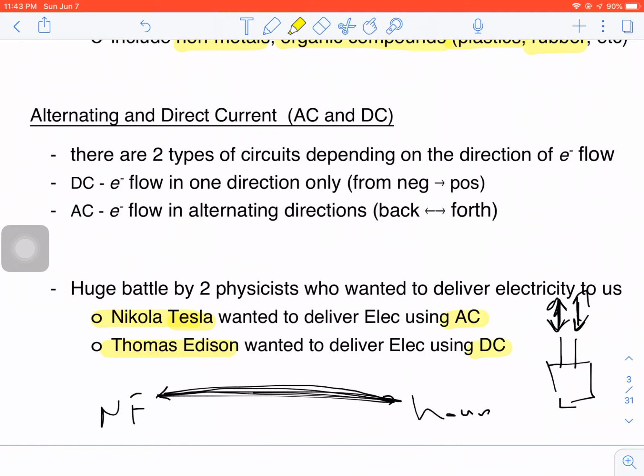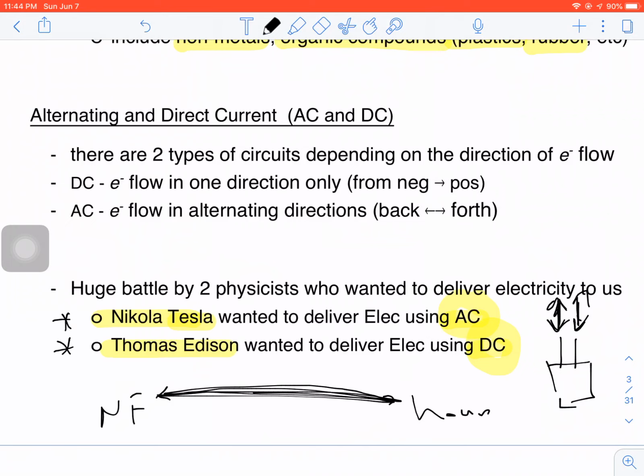Because we were going to deliver electricity to every home on the planet, every business on the planet, every place on the planet was going to get electricity delivered to it. And it was either going to come in an alternating form or in a direct current form. And this was a huge, huge fight between these two very brilliant physicists.